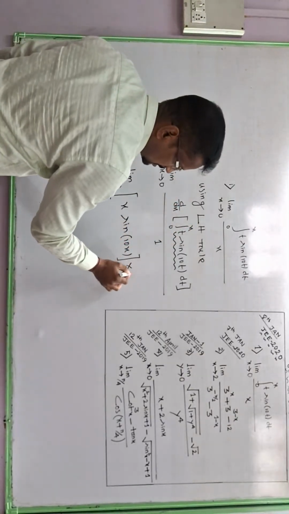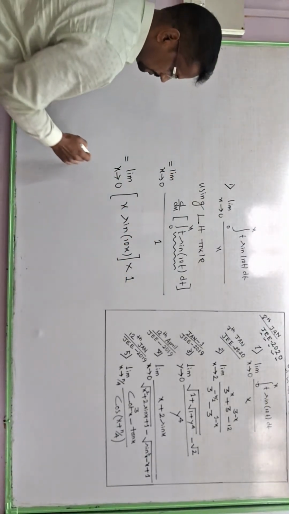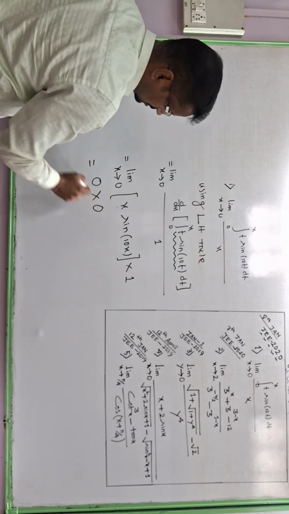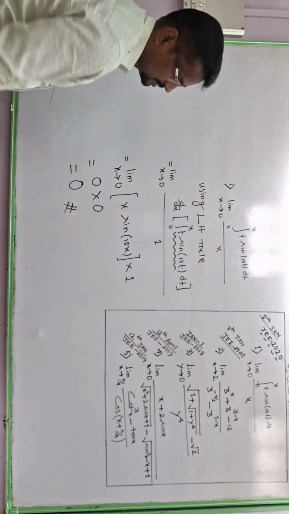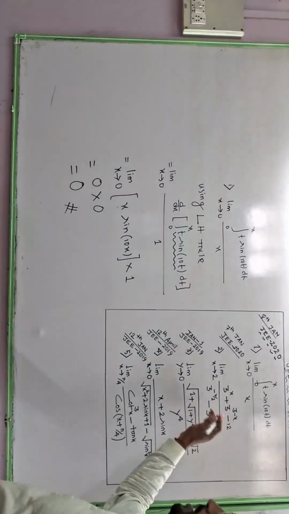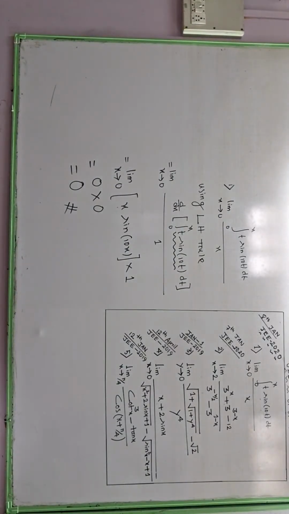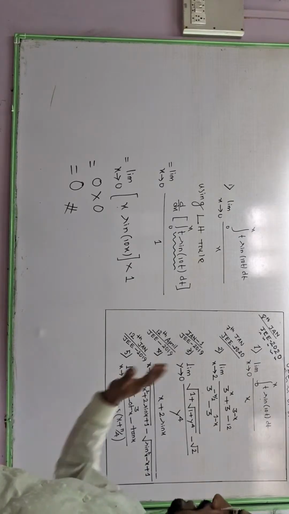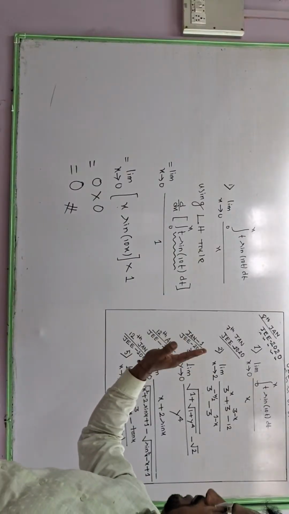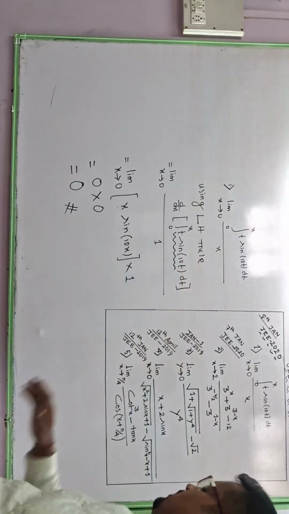So if you differentiate, it will be 1, and the denominator is 1. So now you obtain the limit. If you take the limit now, 0 and sin 0 is 0, your limit is 0. The options I have not written. If you go through the previous question paper, you will get the options, and 0 is the correct answer here. The most important thing: on the basis of L'Hôpital's rule, and one more rule we have discussed, that is called Newton-Leibniz rule, in order to find the derivative of a definite integral.